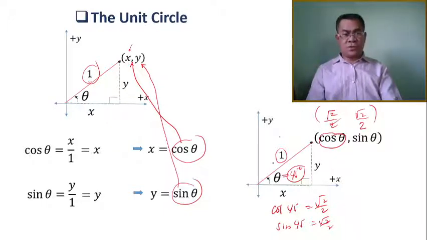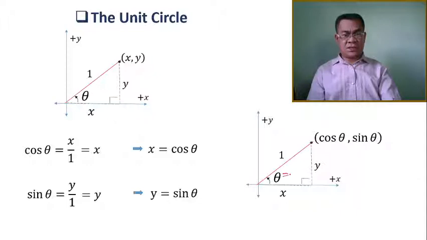Okay, so suppose this is 30 degrees. So if this is 30 degrees, take note, this is pi over 6. So the cosine of 30 degrees, in our previous lesson in special triangles, is the same as square root of 3 over 2.